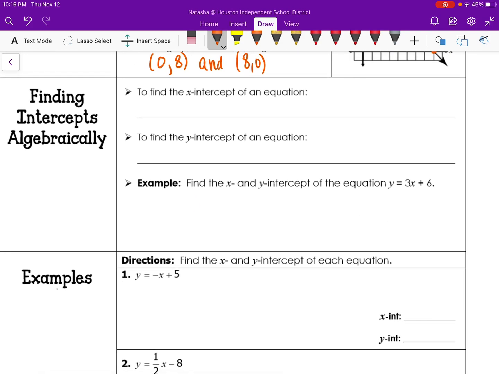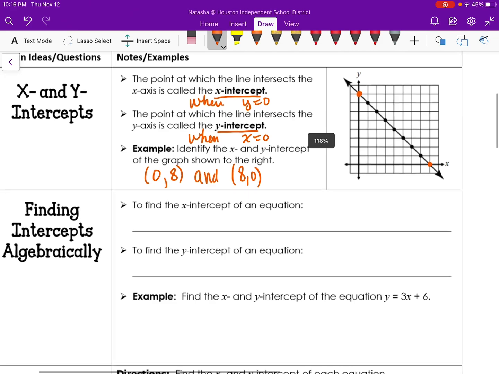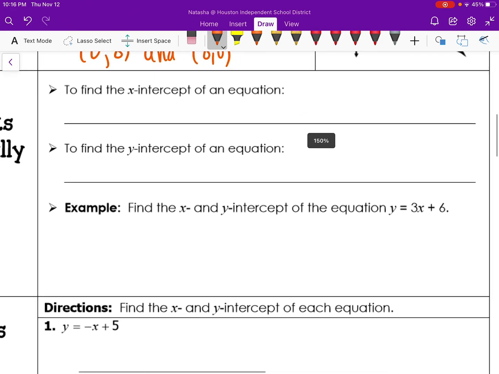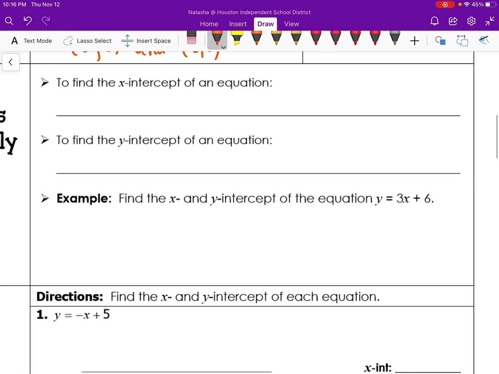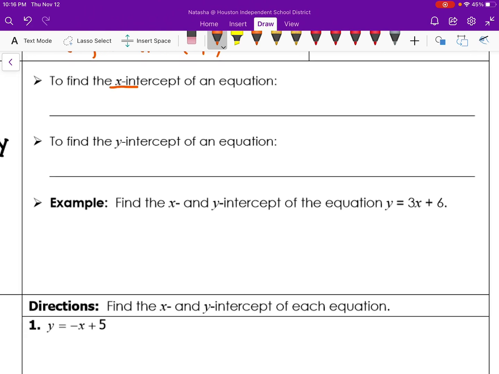All right, now we need to talk about being able to find the intercepts algebraically. Because graphically, it's really quite easy and straightforward and not difficult at all. To find the x-intercept of an equation, we're going to let the other value, remember you have an x and a y in a coordinate point. We're specifically looking at coordinate points, and that's what we're talking about.